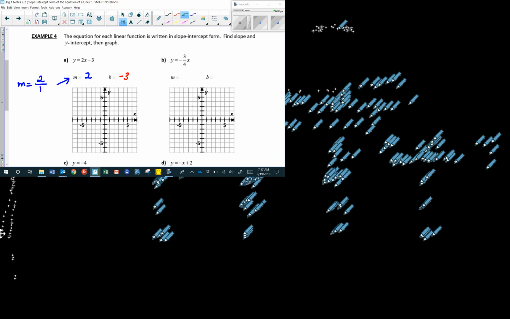And then to plot, I'm going to start with the y-intercept. The y-intercept is negative, so we'll go down from the origin 3 units, and that will be our starting point.